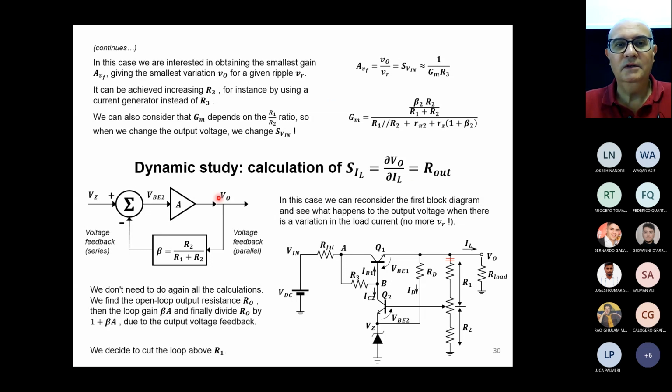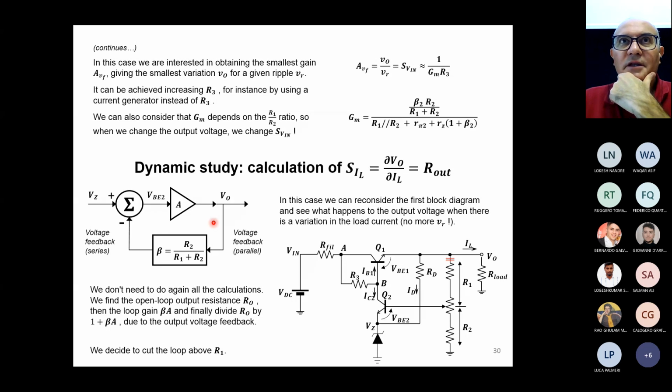So the block diagram is here. The equivalent circuit that we are considering is this one, where, as I told you, I just removed the ripple voltage here. Now we should be able to calculate the output resistance when the system has the feedback connected. So our system is a feedback system. I want to calculate the output resistance when we have a feedback system that is actually working.